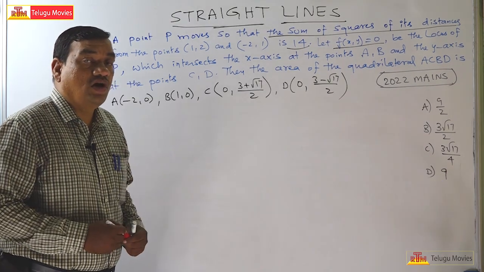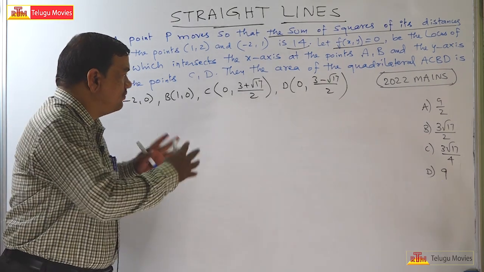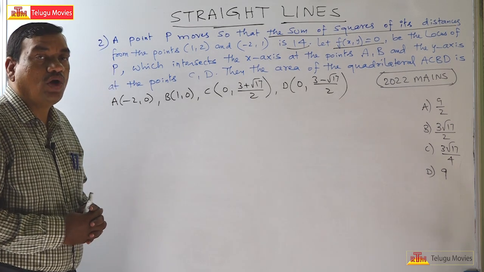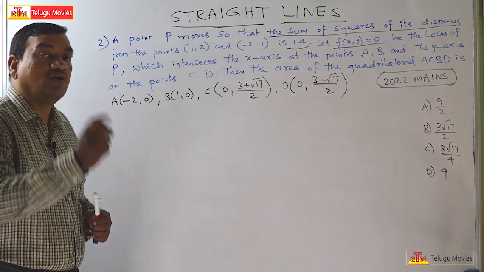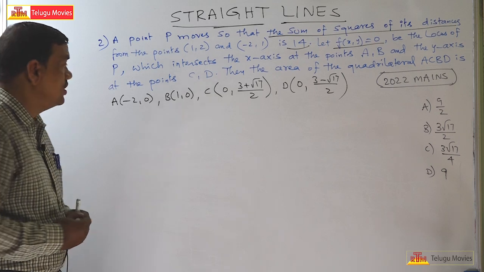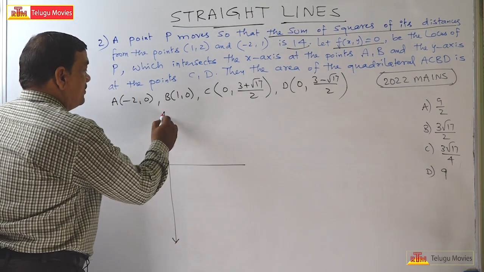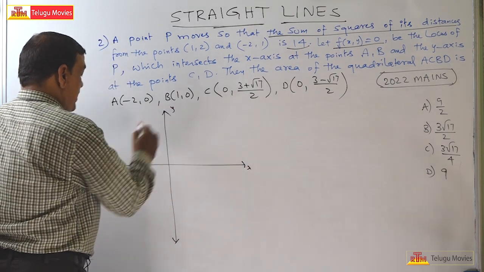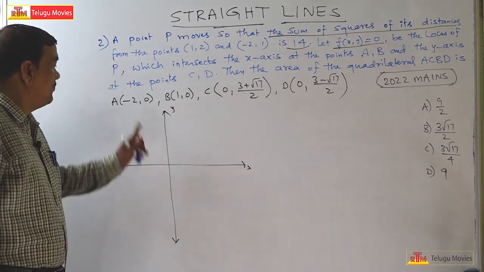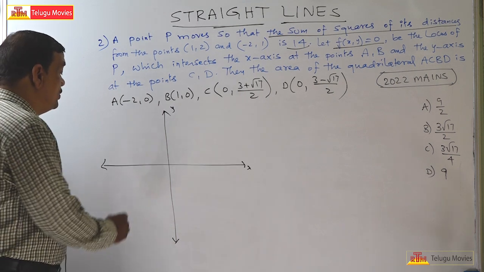Welcome back to the calculation. While doing this problem, better you draw a small diagram so that the calculation part will be very, very easy. So here, x-axis and y-axis. Now the first point (minus 2, 0) will be here.